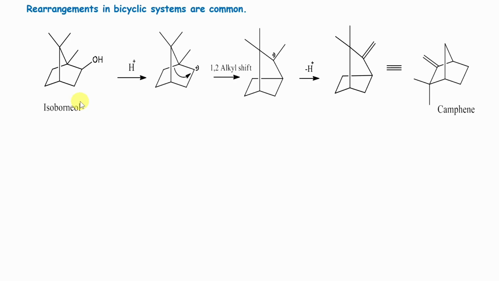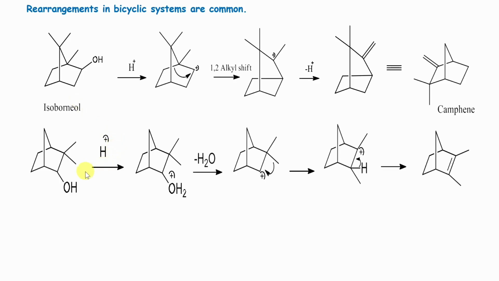Then another example. Here, in this bicyclic compound, as in the previous case, protonation takes place at this alcoholic group. Thereby, protonated alcohol is formed, which eliminates a molecule of water, forming this secondary carbocation. A methyl 1,2 alkyl shift takes place from this carbon atom to this carbon atom.